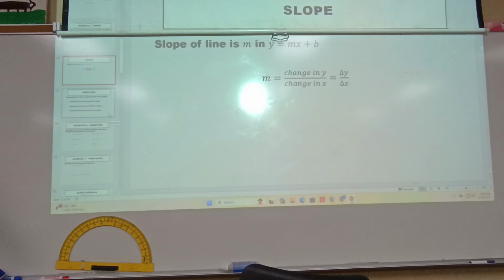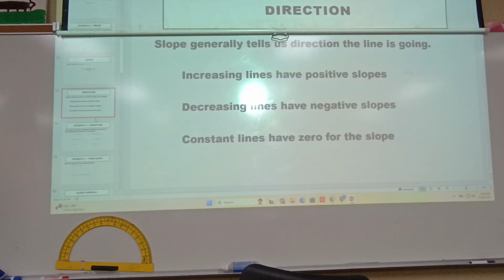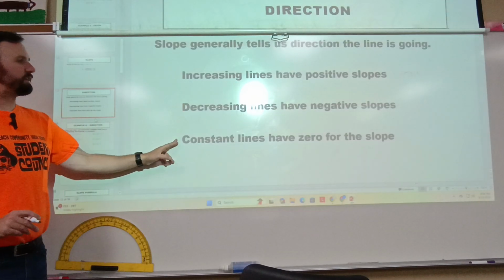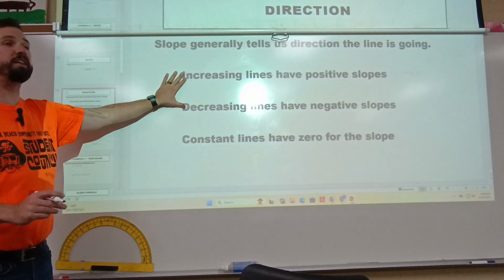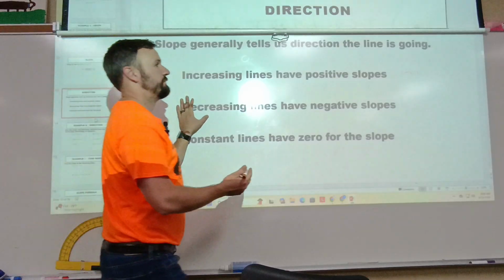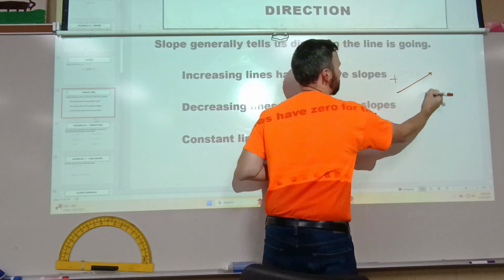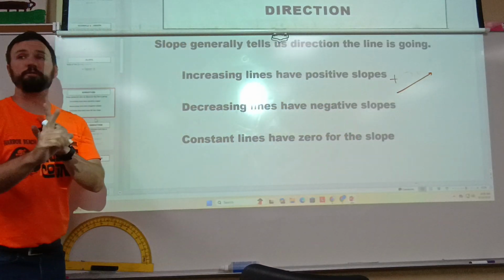We've seen this before, right? We did this. It was on the last unit test. In fact, some of these slides are going to be exactly the same. We talked about increasing, decreasing, constant. Increasing lines have positive slopes. So positive slope, the line goes up, right? Now be careful.